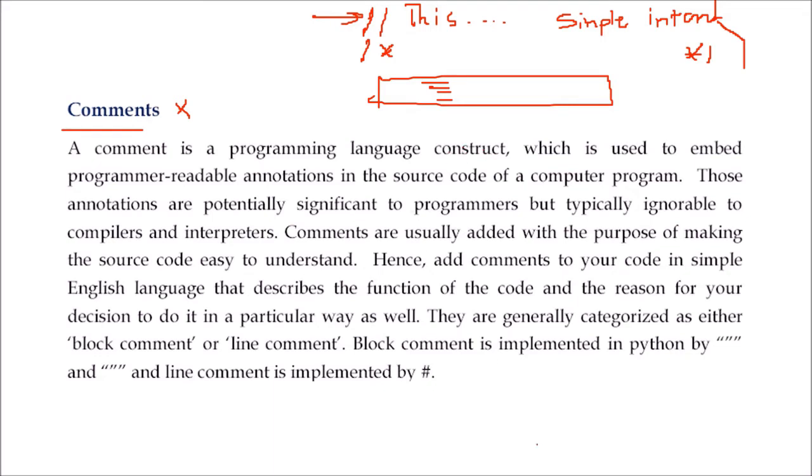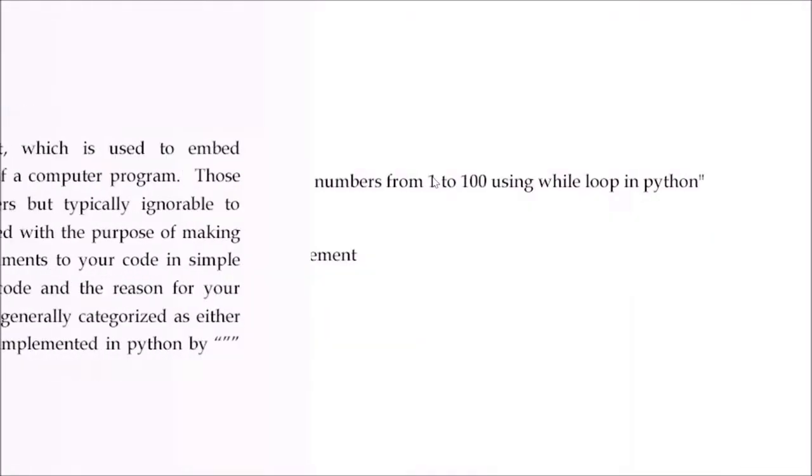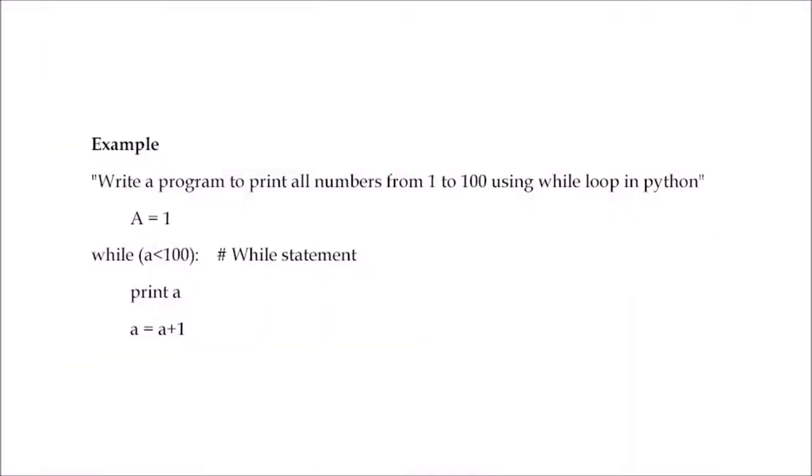If you talk about Python, then this is the way you give a comment, and a one-line comment you give by hash. For example, if you want to write a program to print all the numbers from 1 to 100 using a while loop in Python, you start with a equal to 1, while a is less than 100, and you place a comment, hash while statement, and print a plus 1. So what you have written is a comment.